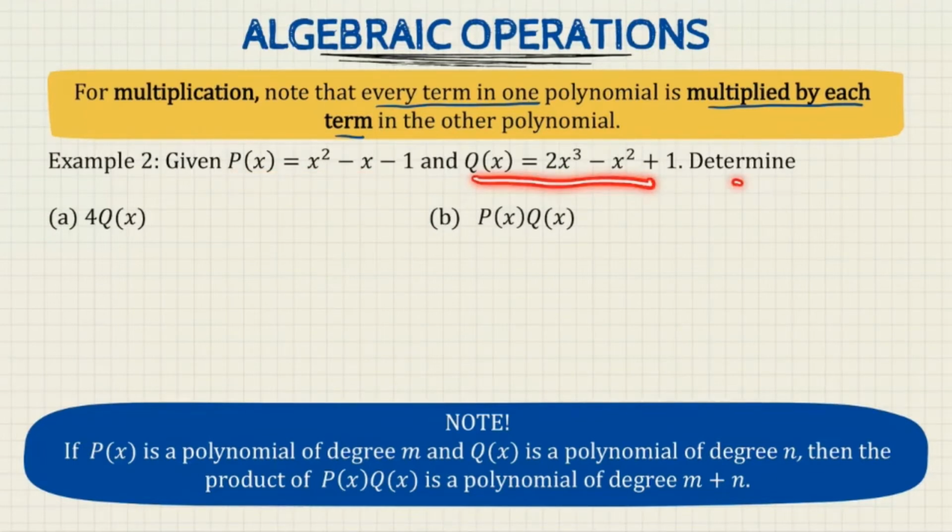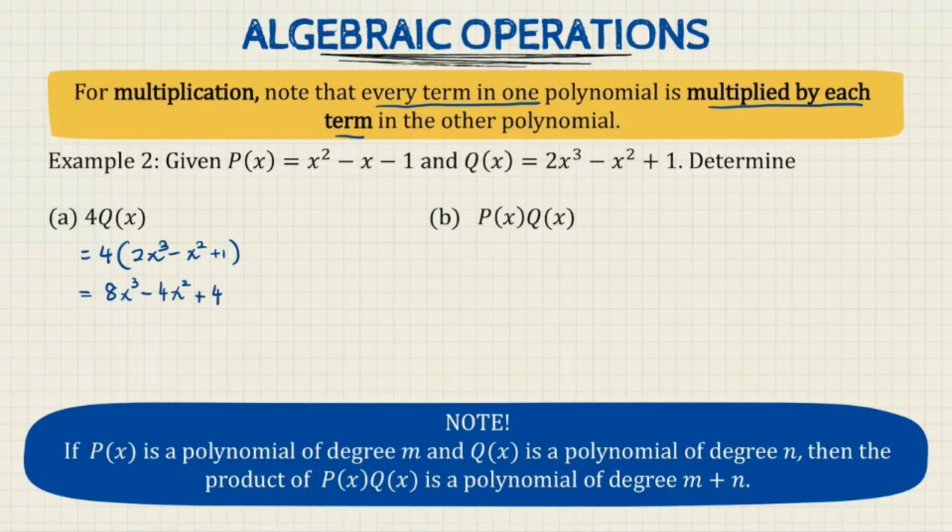So determine 4q(x). So we multiply 4 with q(x). q(x) is 2x cube minus x square plus 1. Each of these terms must be multiplied by 4. So it will be 8x cube minus 4x square plus 4.